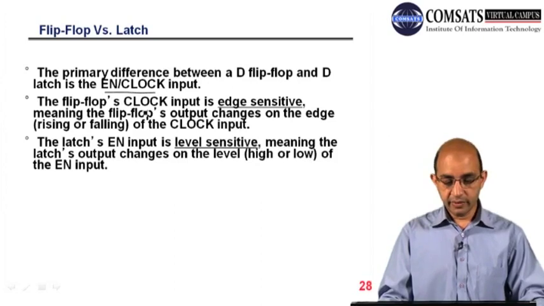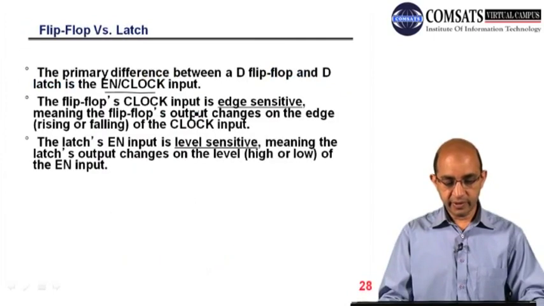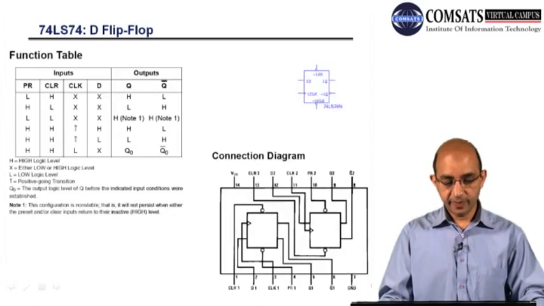The flip-flop clock input is edge sensitive, as we have already seen over here. The flip-flop is edge sensitive, rather than the level sensitivity of a latch. The latch enable input is level sensitive.